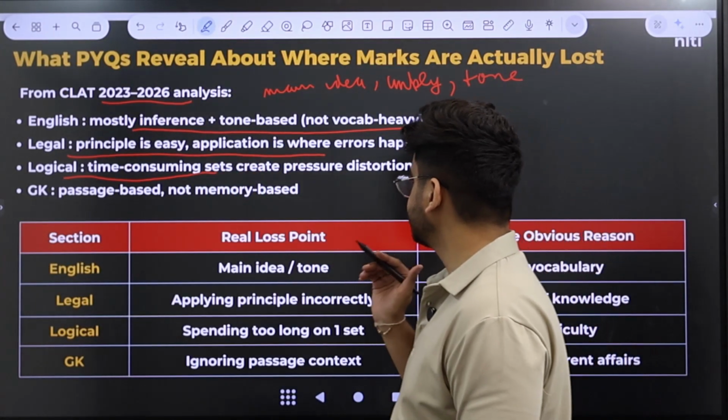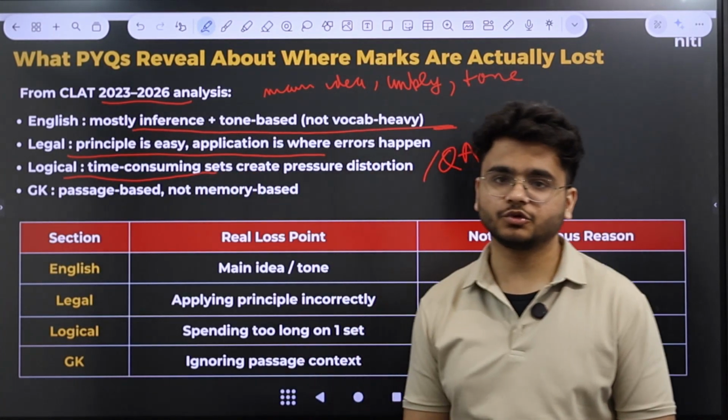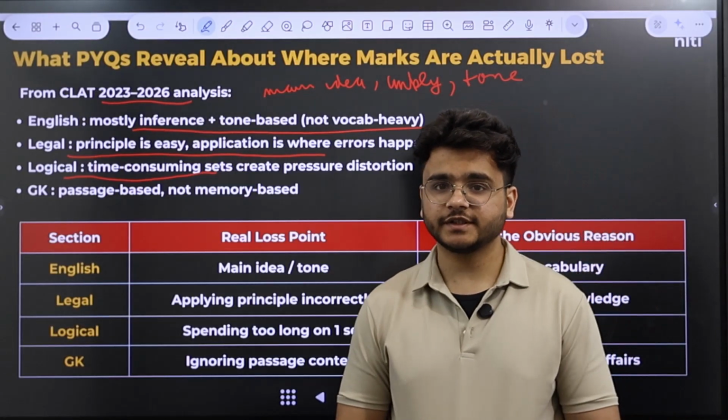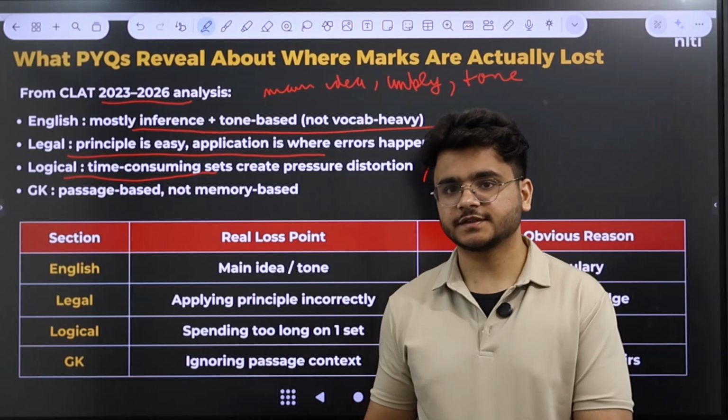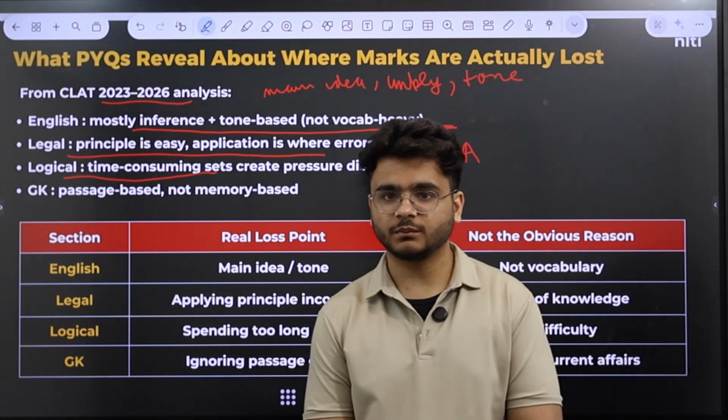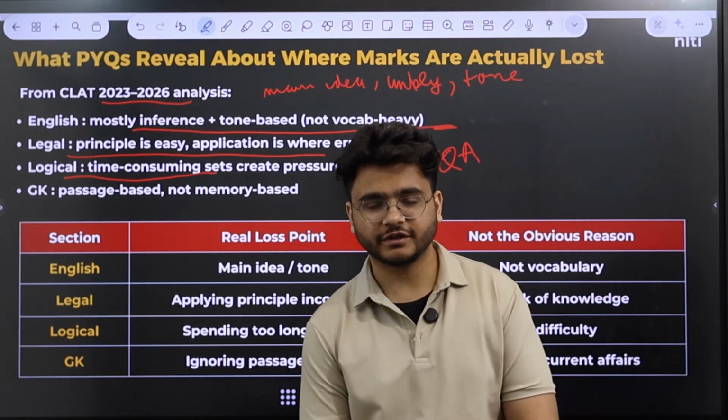Time consuming sets create pressure distortion. So talking about the QA section here, most of the students attempt that section once they are about to conclude the exam, once they are left with 15, 20, 25 minutes.